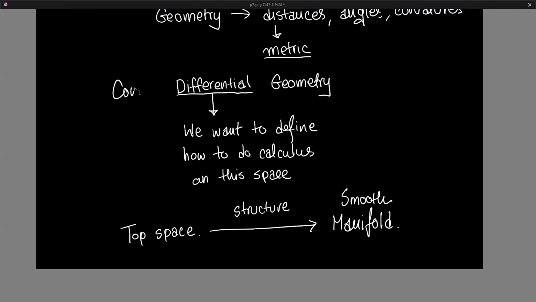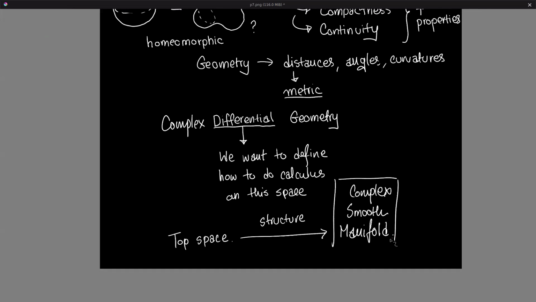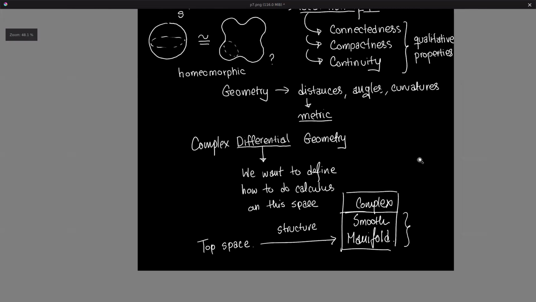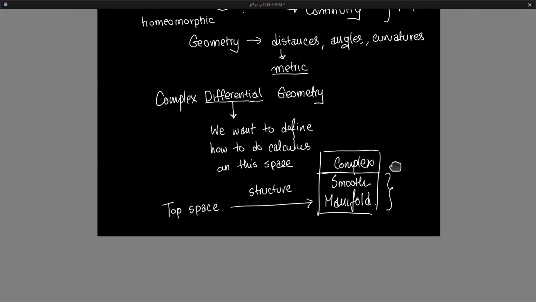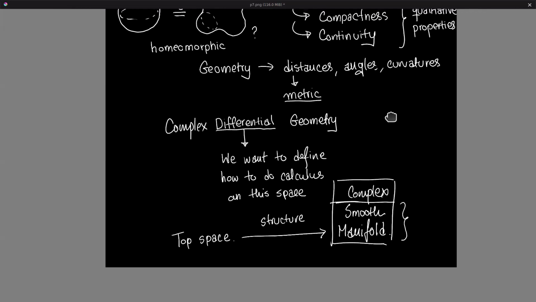And when we want to do complex differential geometry, we will want a complex smooth, or I suppose you would call it a smooth complex manifold. But yes, that's what we want to work up to. So today we're just going to work on this part. We're going to build up what a smooth manifold is. And then later we're going to look at some interesting spaces that you can define on a smooth manifold.